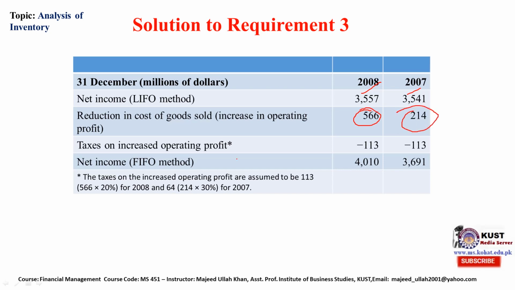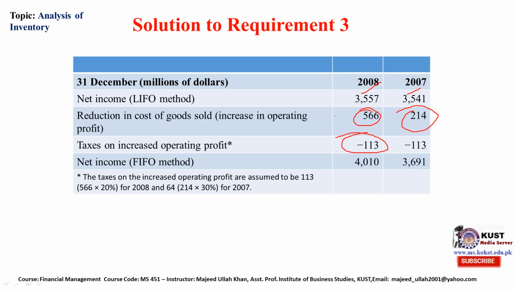Along with this, we will calculate income tax as well. When net income increased by 566, we will apply 20% to it, which is 113.